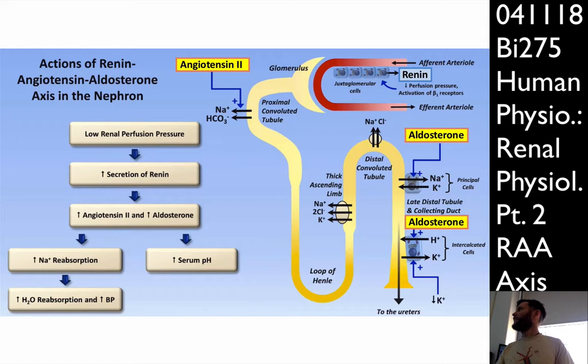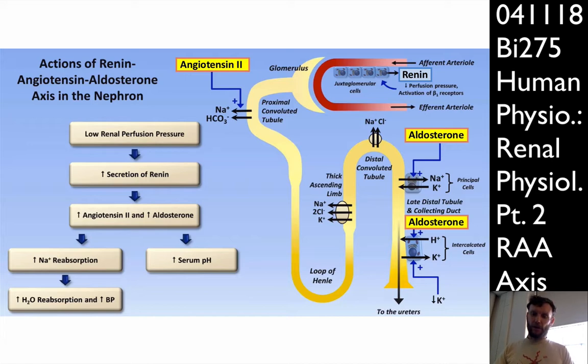Then there are these other cells called intercalated cells. The names tell you that if you were to take a histological slice of this tissue, most of the cells in the distal convoluted tubule are principally principal cells, and intercalated between them are these few intercalated cells.